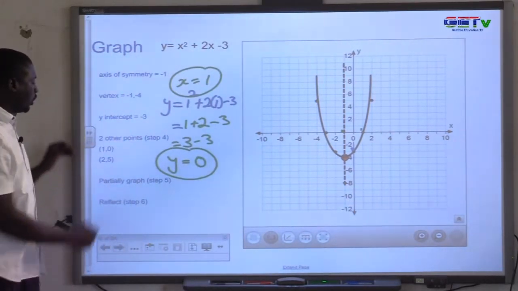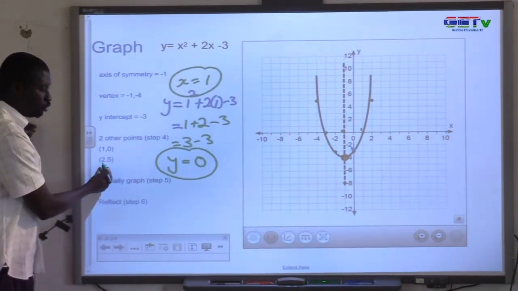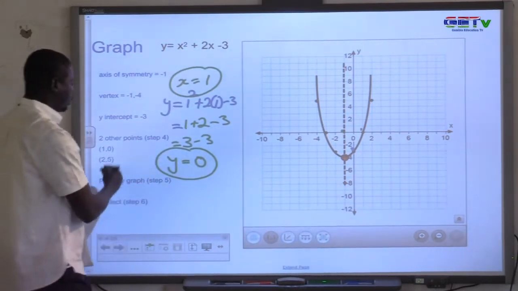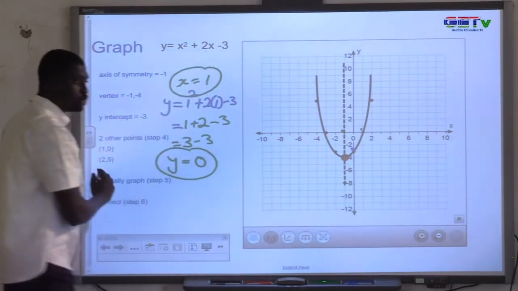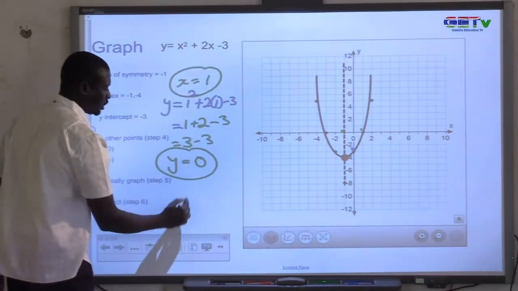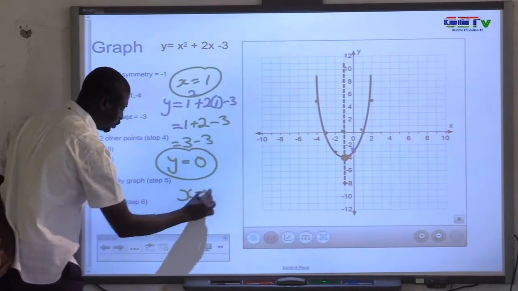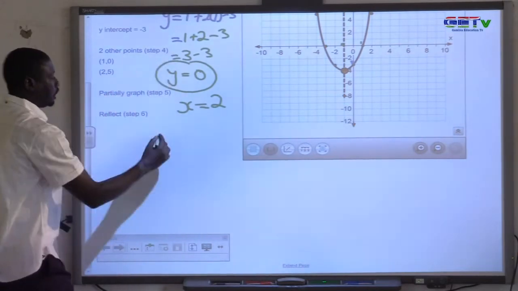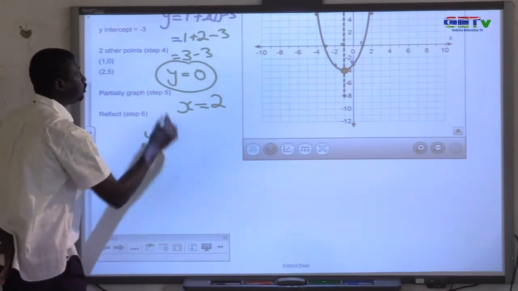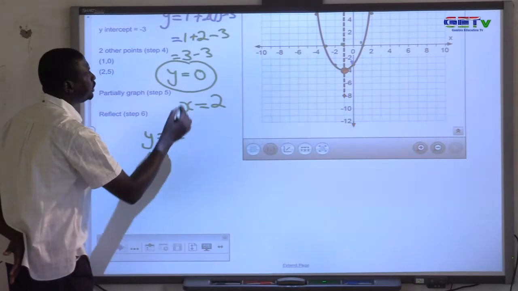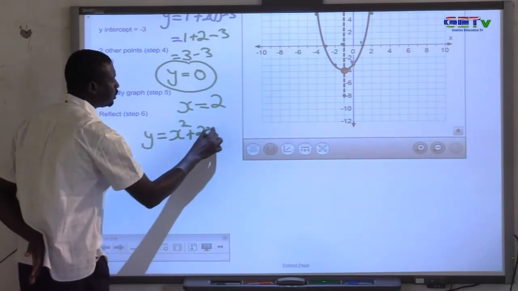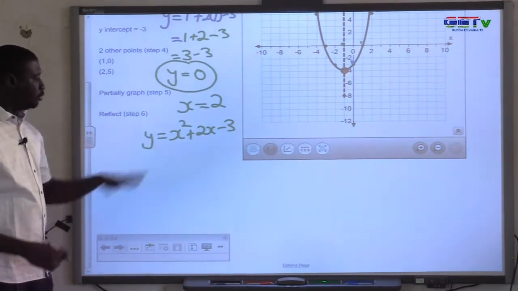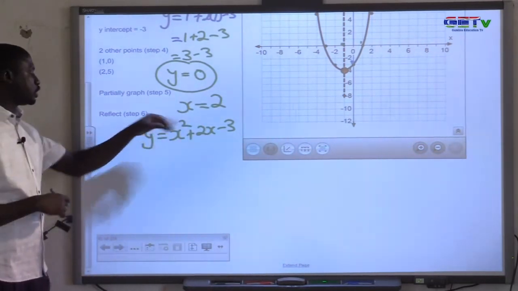The other point is when x equals 2, y is equal to 5. The same procedure. Substitute in place of x the value 2, and you will generate a y value. Our function that is given is y equals x squared plus 2x minus 3. That is the function given. So when x equals 2, in place of x we replace with 2.